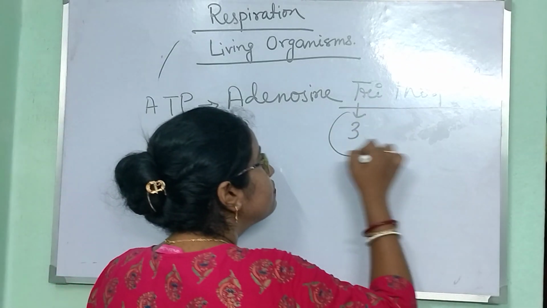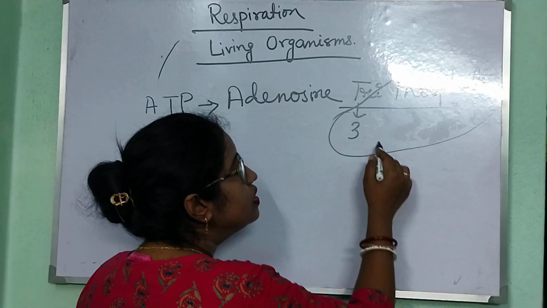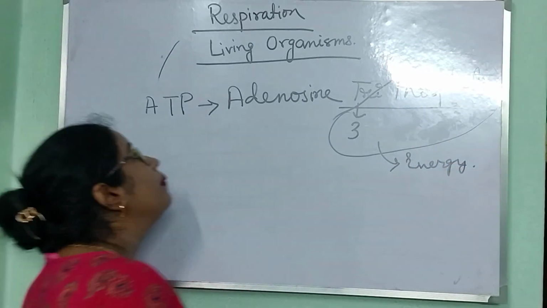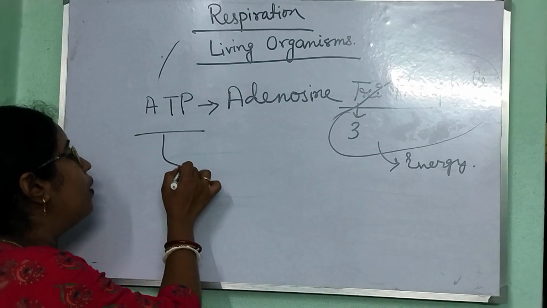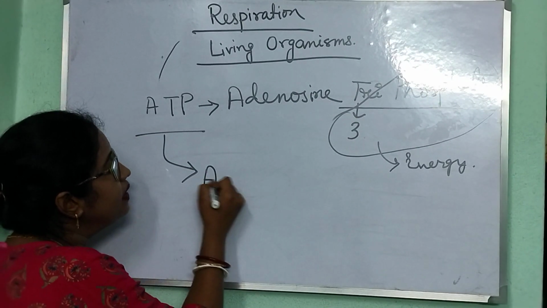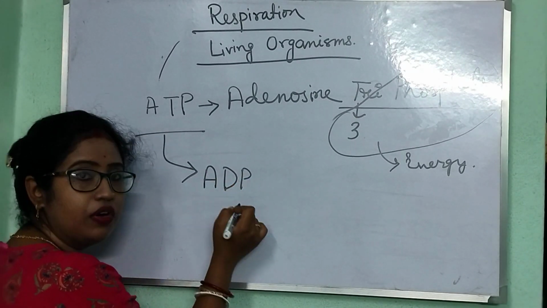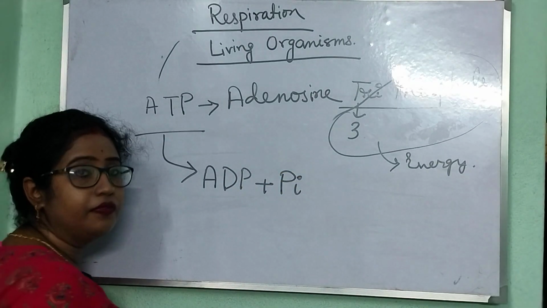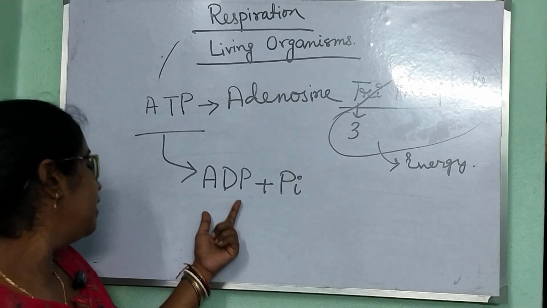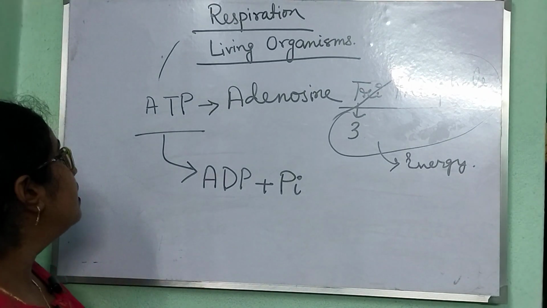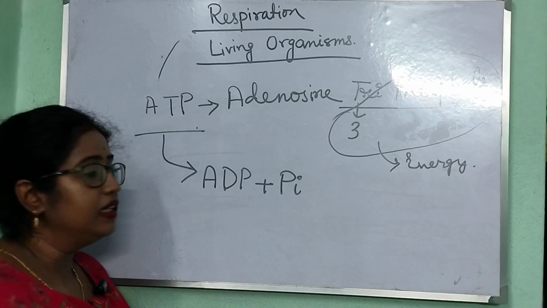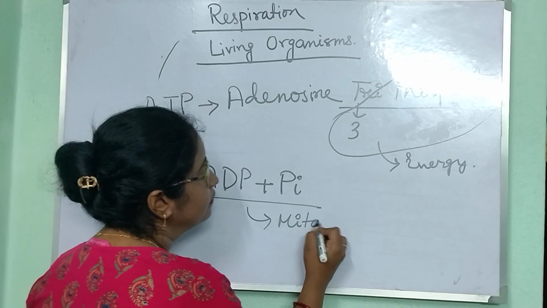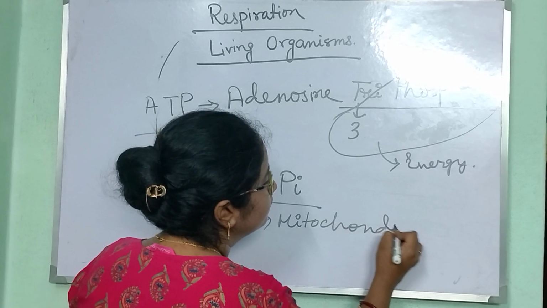These 3 phosphate groups actually hold the energy, and this ATP is formed from ADP, adenosine diphosphate, when an inorganic phosphate group attaches to ADP, the ATP compound is formed, and this process occurs in mitochondria.